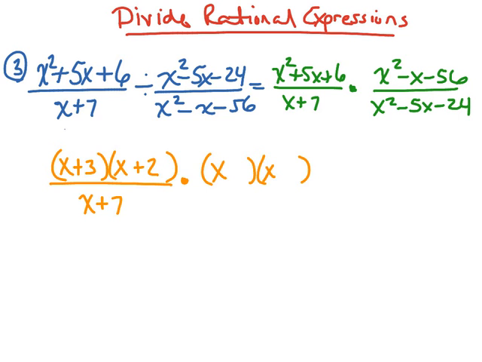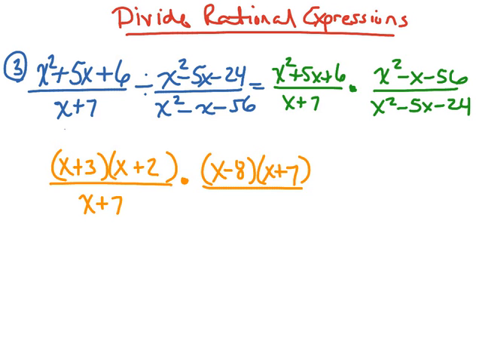Now I need to know what are some factors of negative 56 that are also going to add up to a negative 1. What can I multiply together to get negative 56 but would also add up to a negative 1? In this case, that's going to be a negative 8 and a positive 7. Negative 8 times 7 would give me the negative 56, and a negative 8 plus 7 would give me a negative 1. So those are my factors.